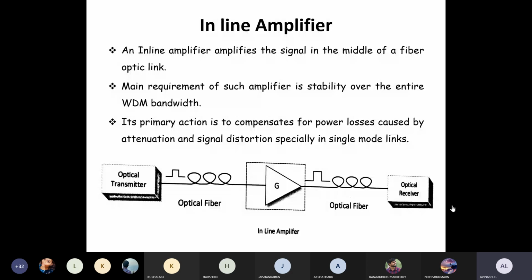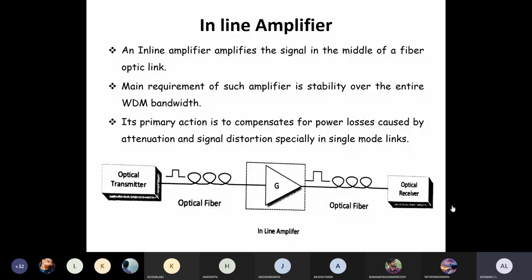You can see in the diagram there is an optical transmitter and an optical receiver at the two extreme ends. In between them there is an inline amplifier. On either side of the inline amplifier there are optical fibers.